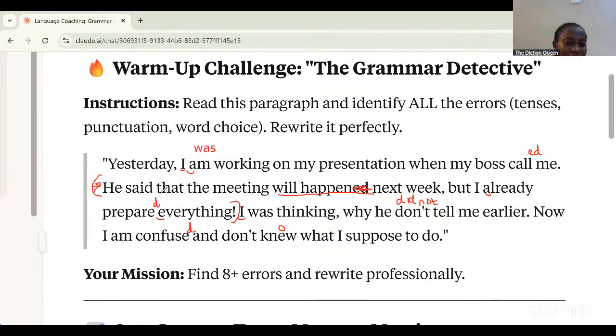Now, this is a verb here. This is another verb. This is another verb. This verb and this verb are in the same tense: said, prepared. The verb here isn't in the past tense.